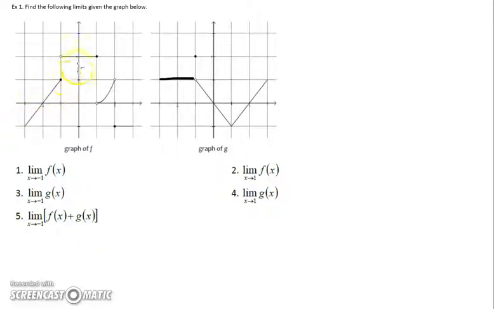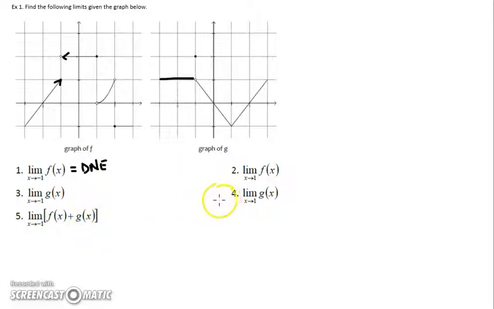As I get closer and closer to -1 from the right-hand side, I'm approaching a value of 2. Since I'm not approaching the same number, we're going to say that this limit does not exist.